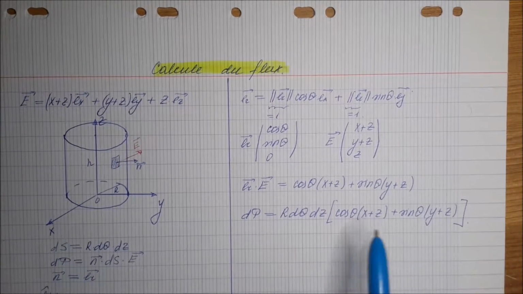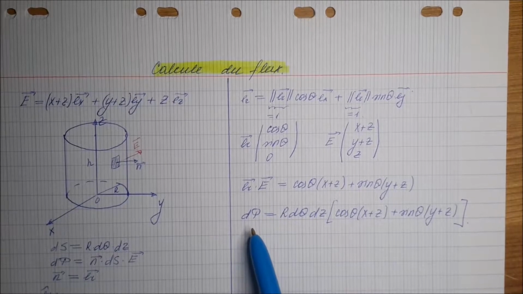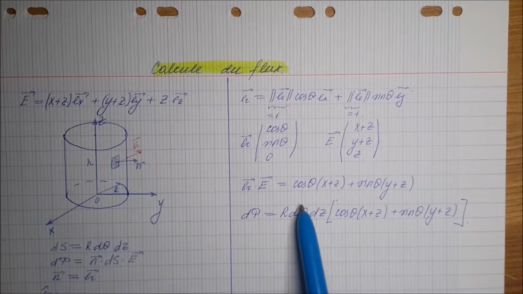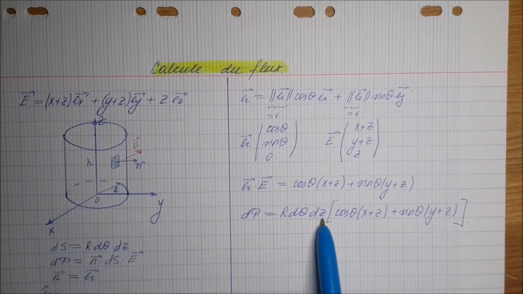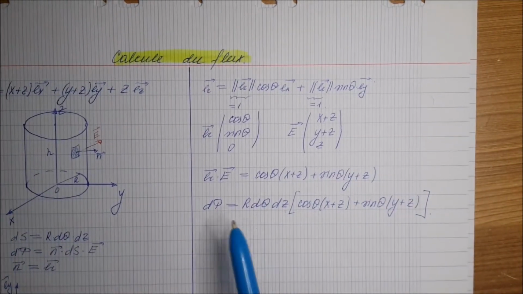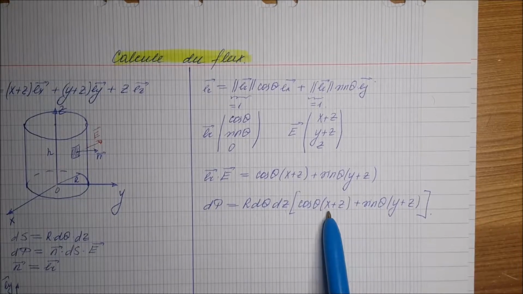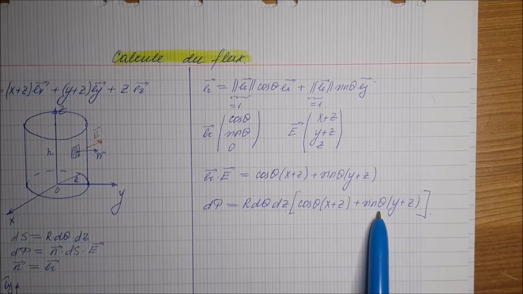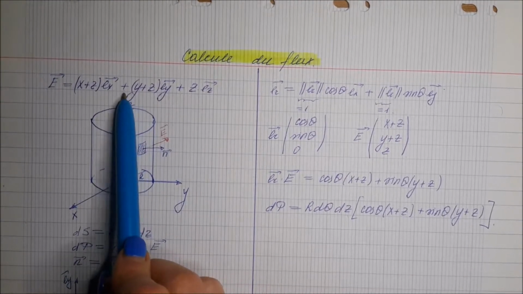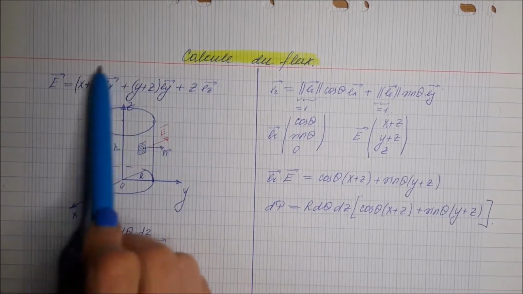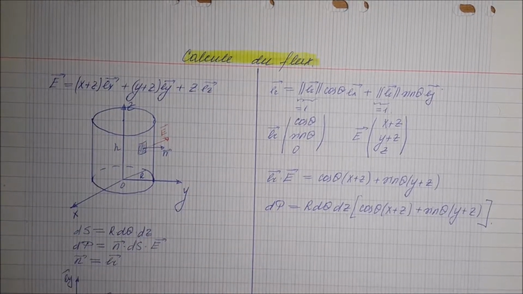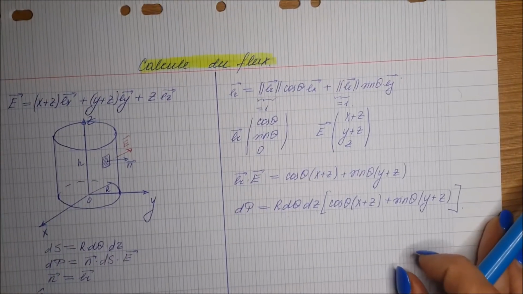And now, as I can see, I need to integrate as a function of theta and z. And my x and y of Cartesian coordinates can be expressed as a function of theta and r. They are functions of theta.